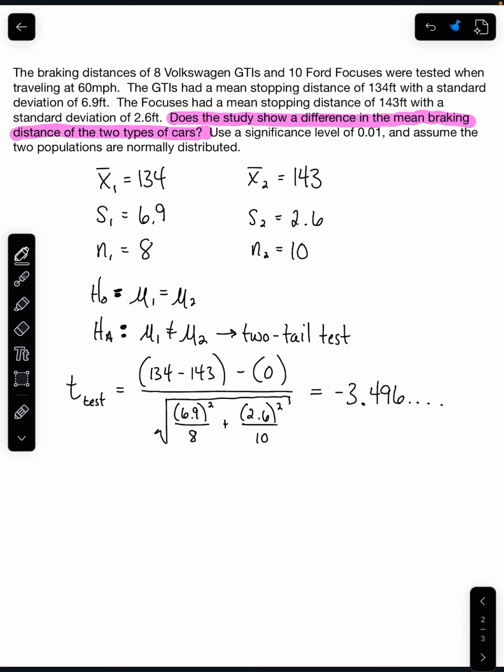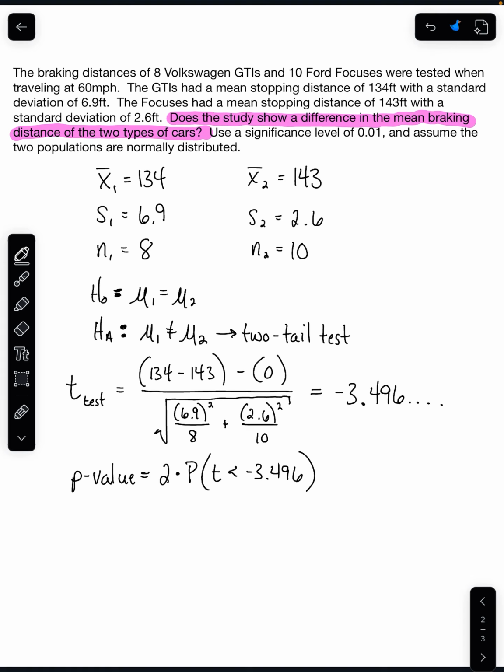Now, in this case, since this is a two-tail test, our p-value is going to be 2 times the probability of having a value more extreme than our test statistic. So since our test statistic is negative, it is on the left side of the distribution.